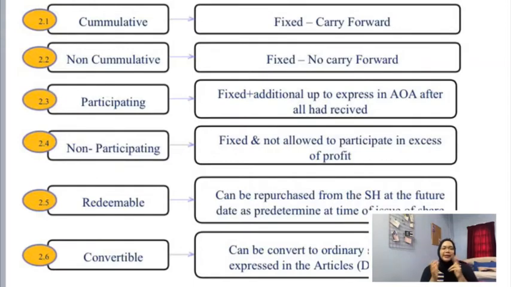Next is participating. Participating is the same as the cumulative, in which they will get the fixed dividend, but for the participating they will get an additional amount from the other shareholders, but they need to follow the articles of association.